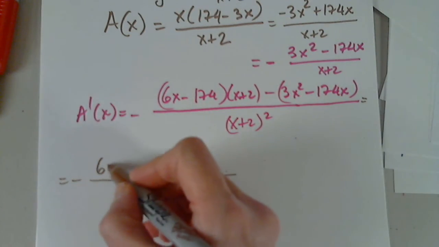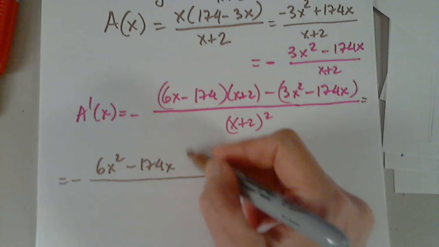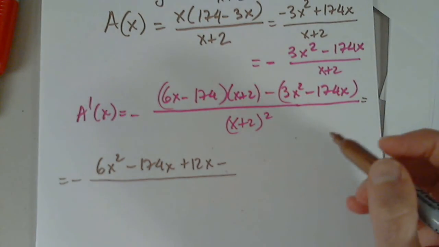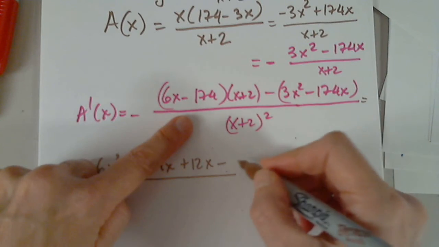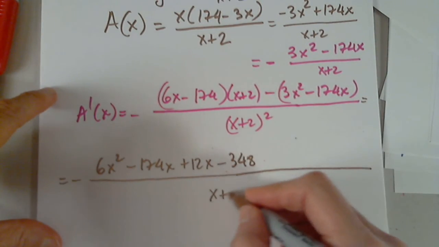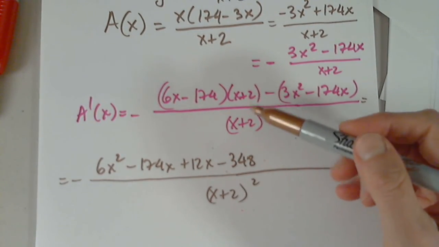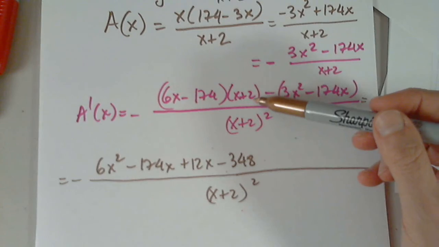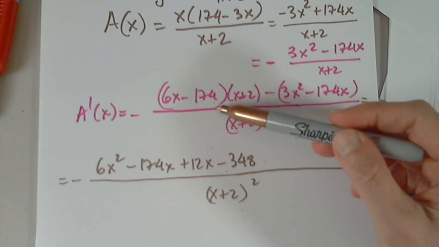So 6X squared minus 174X plus 12X minus 348. Please watch my numbers. I'm not trying to see whether you were asleep or not. I'm lazy when it comes to the calculator sometimes, so I think I'm okay. 348 is correct.